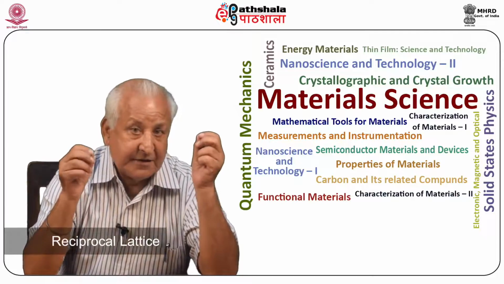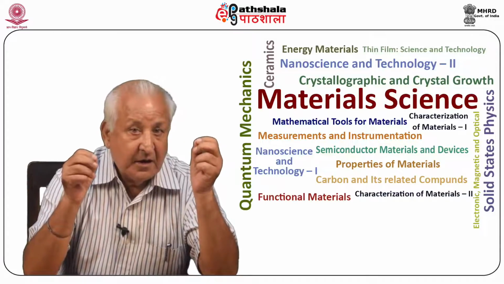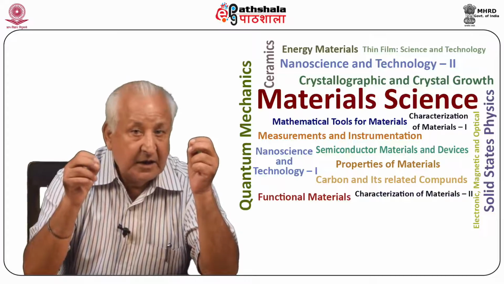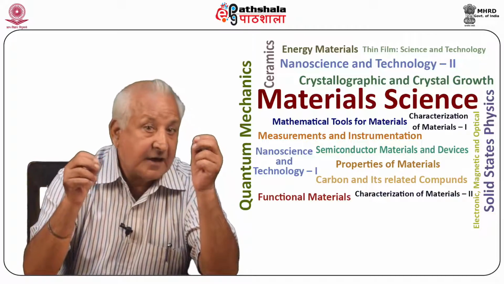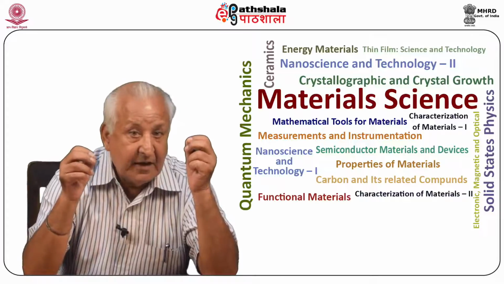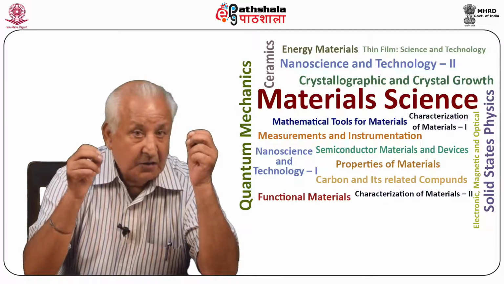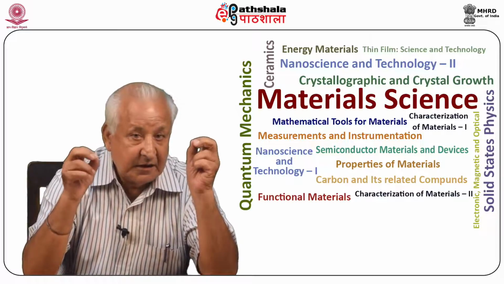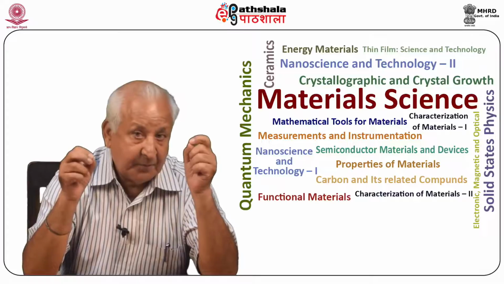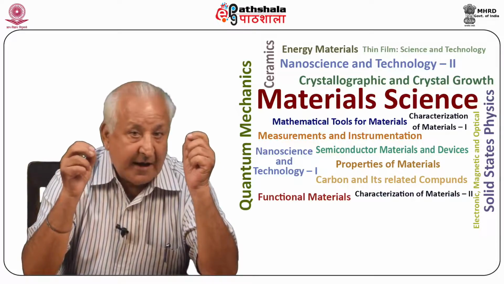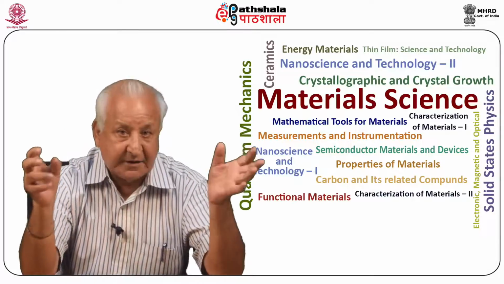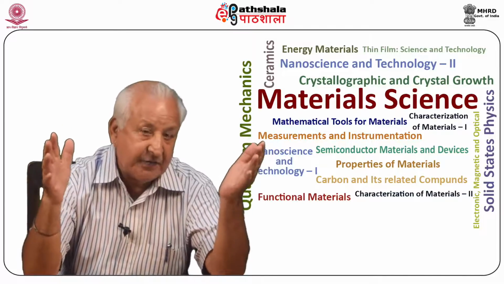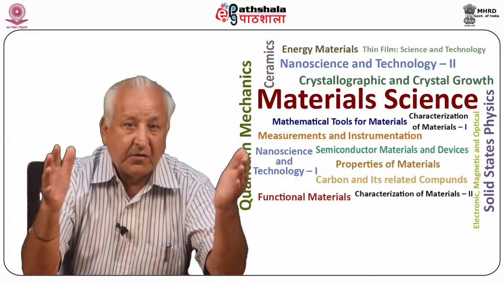Considering direct lattice, the interplanar spacing d is related to the glancing angle theta and the wavelength of X-rays through Bragg's law, given as 2d sine theta is equal to lambda. This law can be expressed in reciprocal lattice as well, which is of great significance so far as crystallography is concerned.